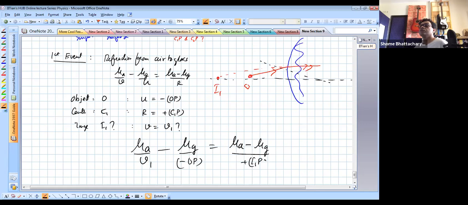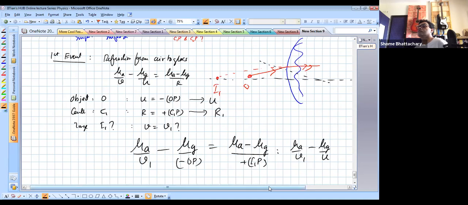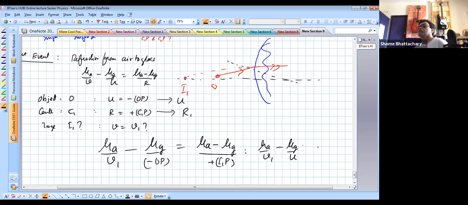Now what we'll also do is we will take this as R1 with the sign, and we will take this as our original object only. Okay, so this gets converted to this formula. Oh, sorry, this should be glass minus air. Air to glass now. This correction is air to glass.